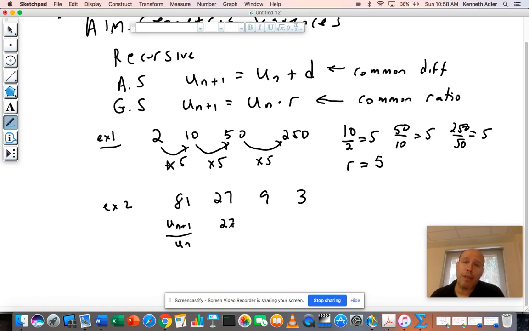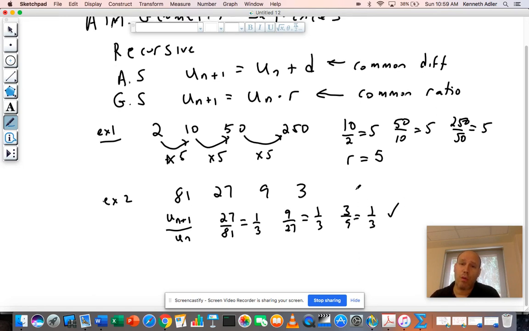So 27 divided by 81. Use your GDC, you'll get 1/3, or 0.3 repeating. Does it work for the next? 9 over 27, that's also 1/3. Let's try the last, 3 divided by 9. I also get 1/3.